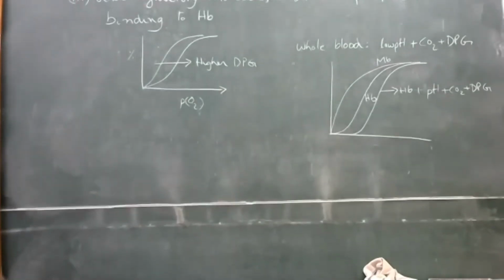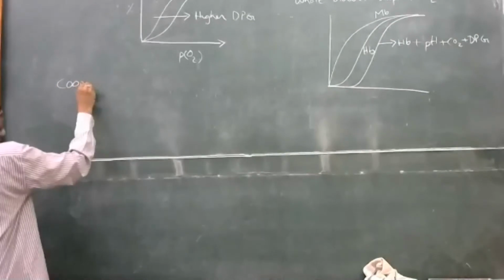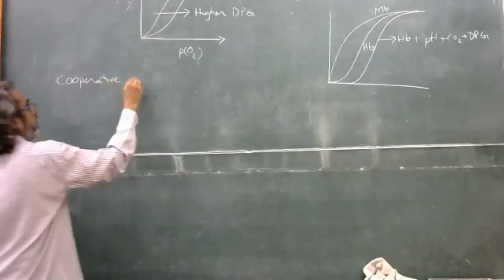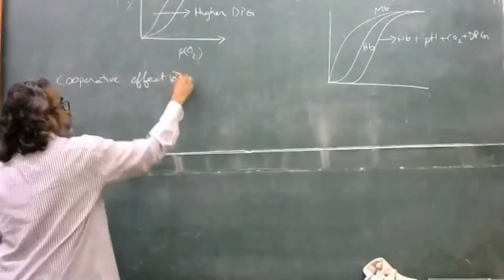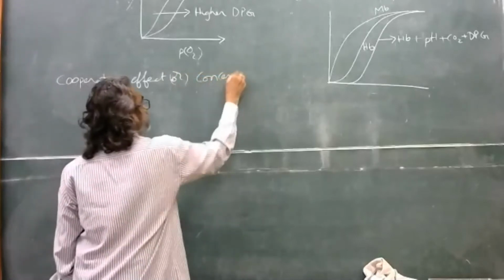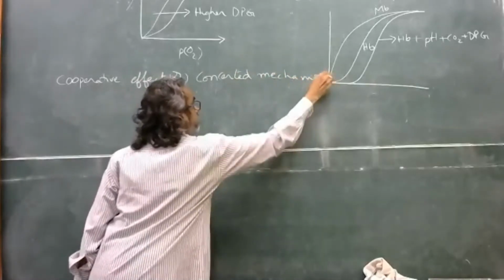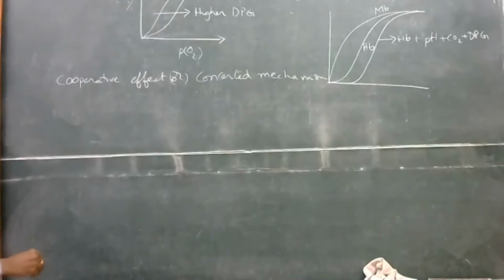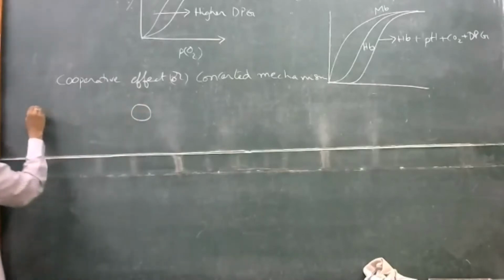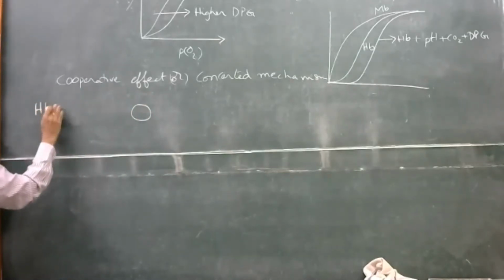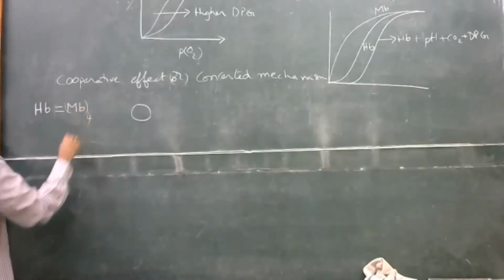Okay. So a simple way to think is in terms of a cooperative effect, or let's say a concerted mechanism. Where you assume that your molecule, for example your hemoglobin, is basically 4 myoglobin units.